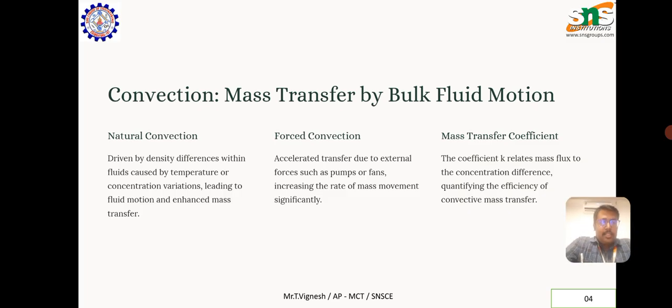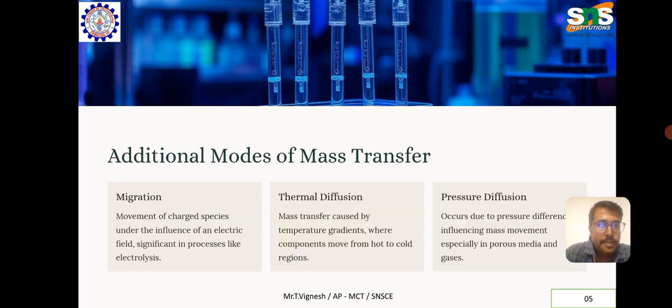If we go for forced convection, it is due to external forces such as pumps and fans, which increase the rate of mass movement significantly. As when you use a fan in summer, you get air movement. This is forced convection. The coefficient K relates mass flux to the concentration difference, quantifying the efficiency of convective mass transfer.